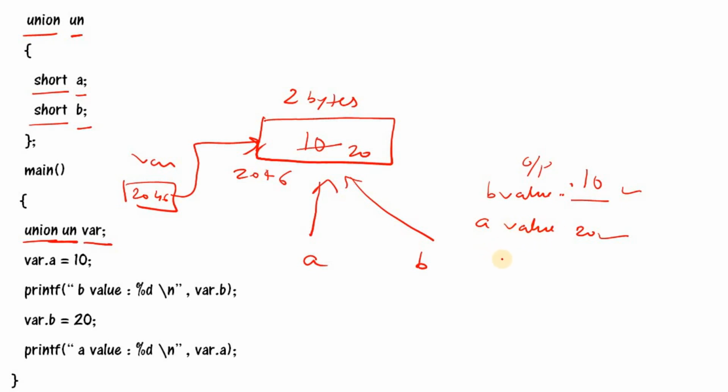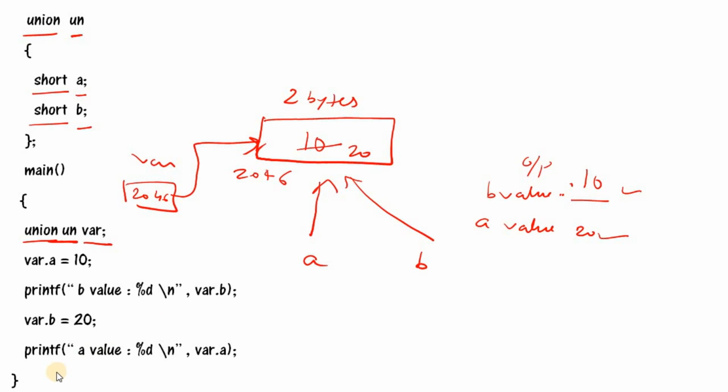That's why storing data with one variable and printing another variable gives odd results. So at a time you should use only one variable. While defining n number of variables in the union, you can define as many as you like, but always work with one element at a time.